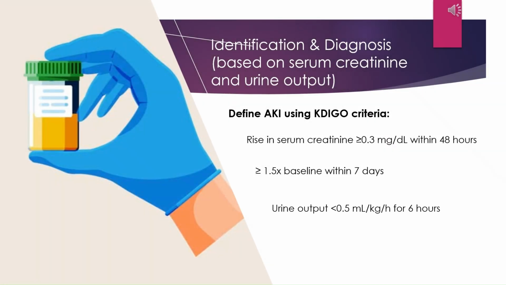And a urine output less than 0.5 milliliter per kilogram per hour for 6 hours is a sign of oliguria, which can be a sign of acute kidney injury.